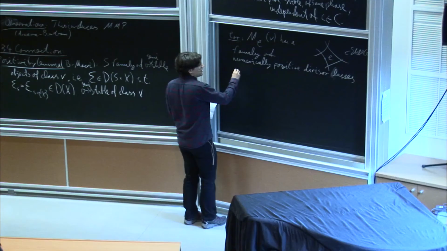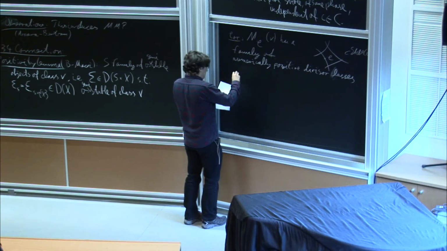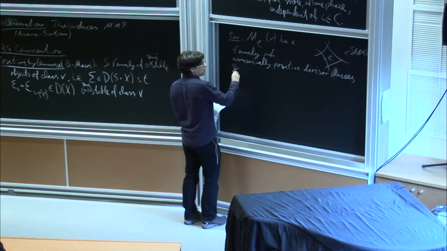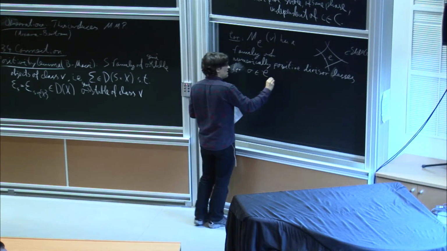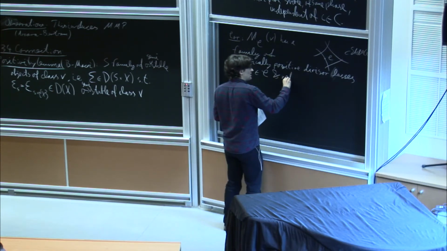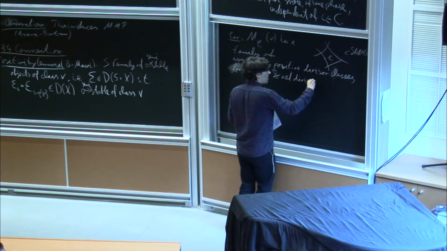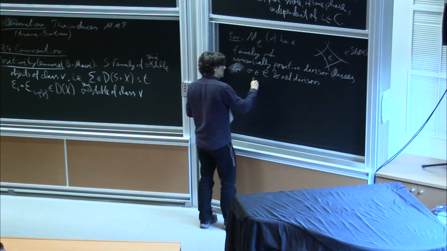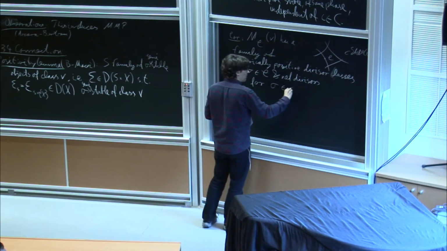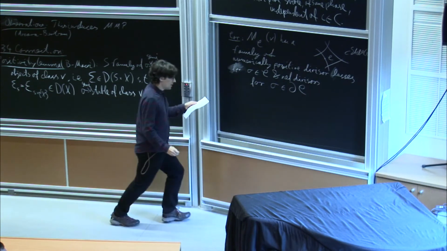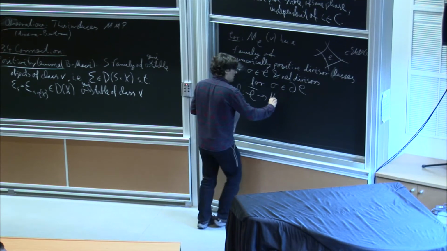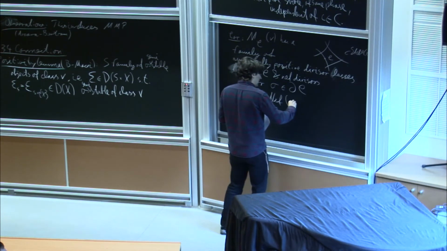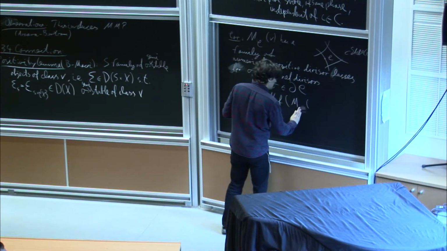So then I get positive divisor classes for sigma in the interior, and Neff divisors for sigma in the boundary. In other words, I get a map from the closure of the chamber to the Neff cone of this moduli space, M_C.